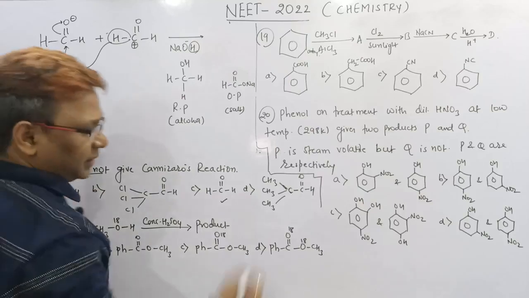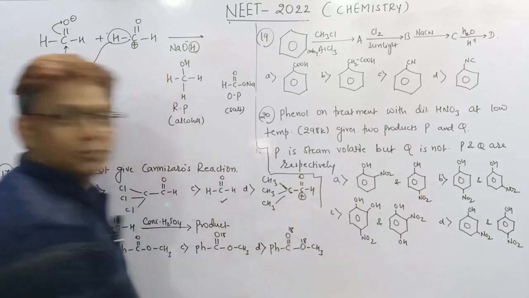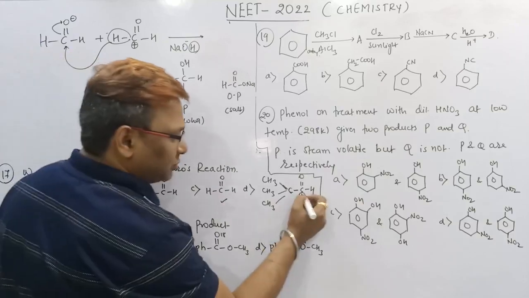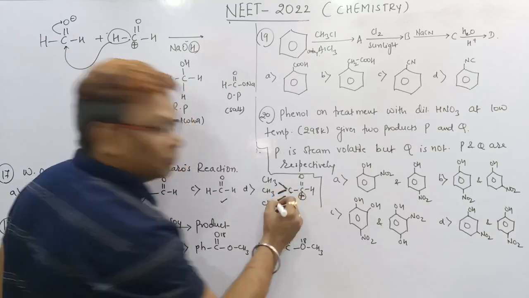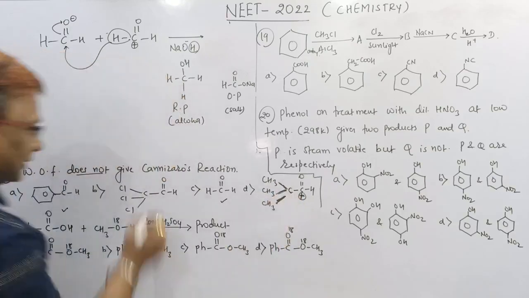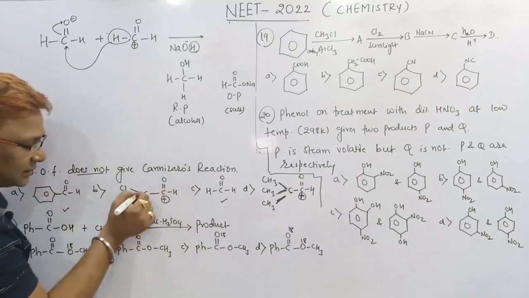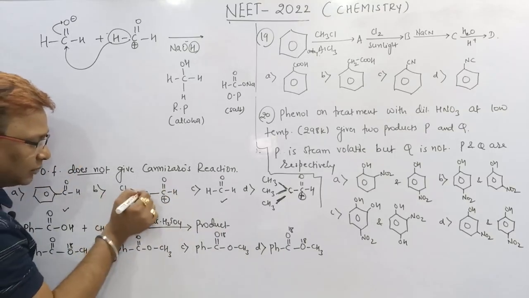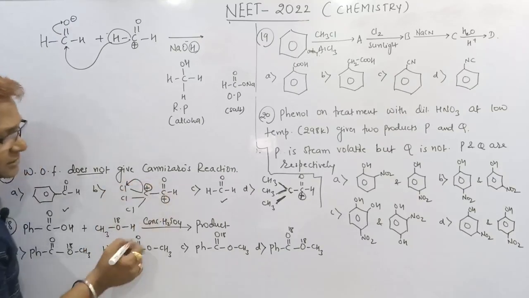But in this case, this carbonyl carbon will get the positive charge. But this positive charge on the carbon is stabilized by an electron donating group, plus I, plus I, plus I. But in this case, in the carbocation which I am getting, this Cl is more electronegative. It will take electron from here, and I'll get a positive charge on this carbon.